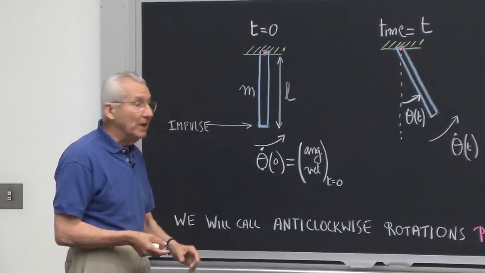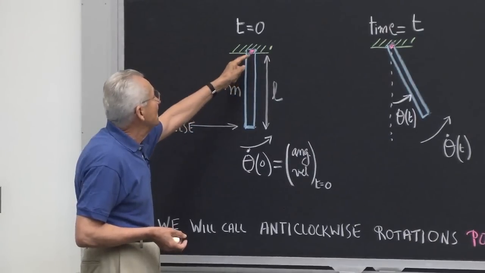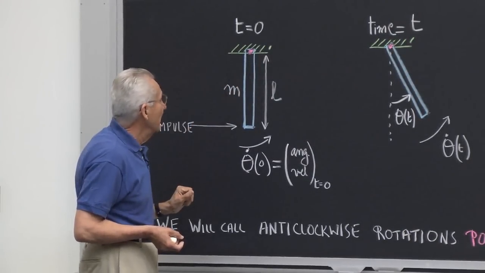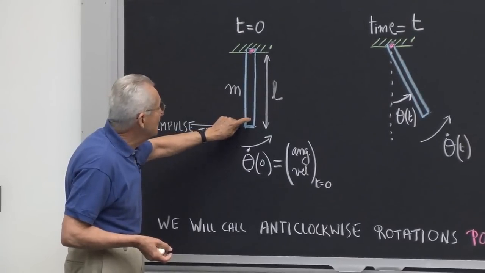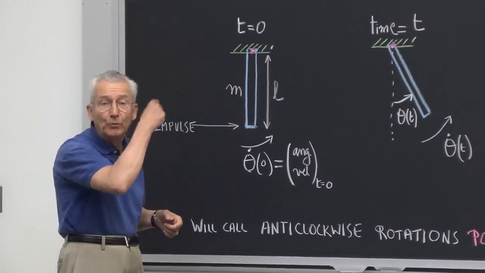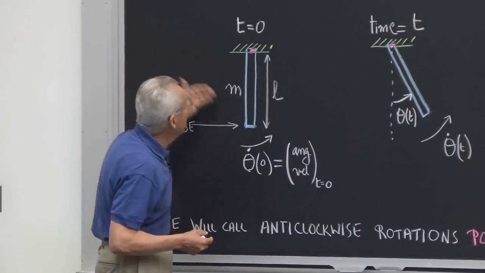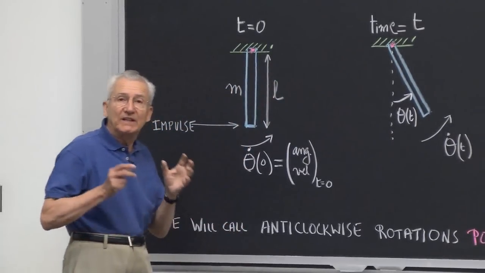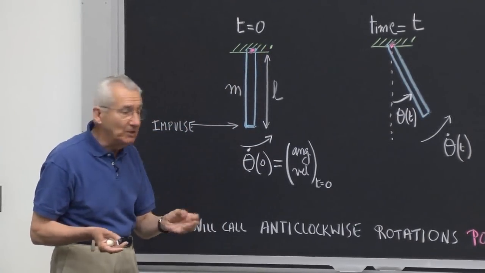Suppose we have a rod, a uniform rod of mass m, suspended from a pivot here. This is the vertical plane. So this rod, imagine a ruler, for example, with a nail through the end of it, can oscillate in the plane of this board. So we're again considering rotations in two dimensions.